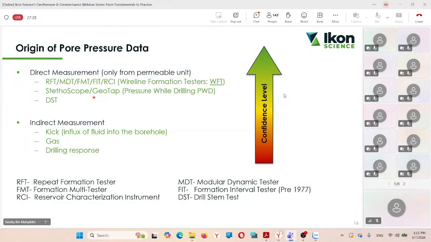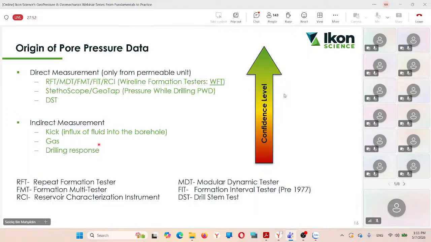But we also have indirect measurement. For example, a kick. If we see a kick during drilling, if we see gas or some other drilling response, such as mud pit gain, this is not a direct measurement, but it could give us some level of understanding of what the pore pressure could be. For example, you drill a well with a certain mud weight, 9 ppg, for example.